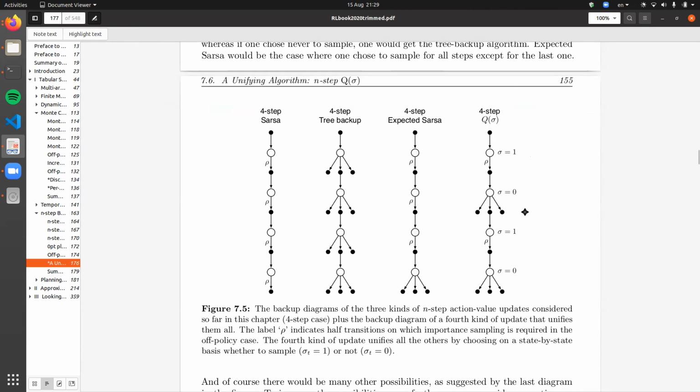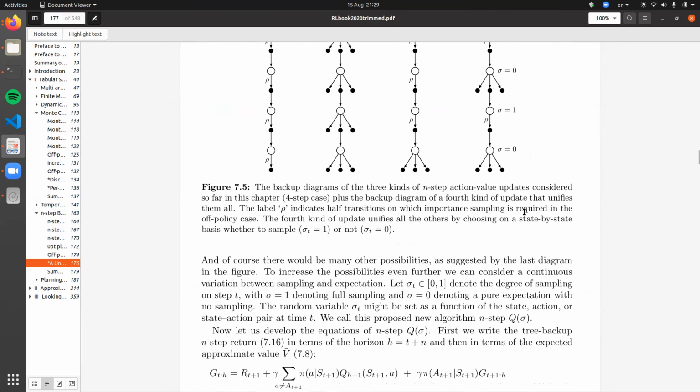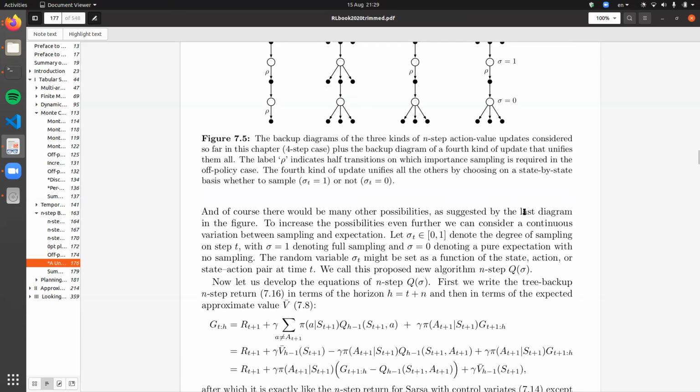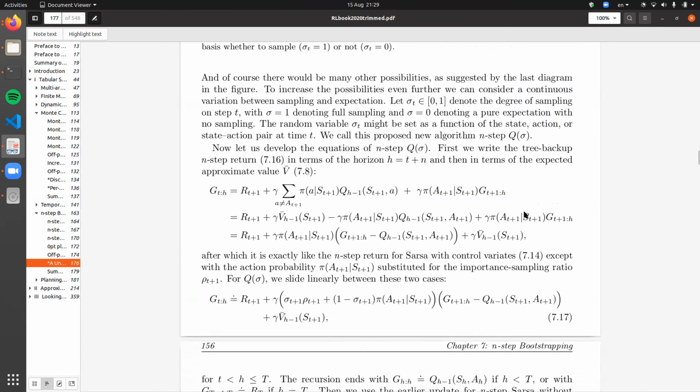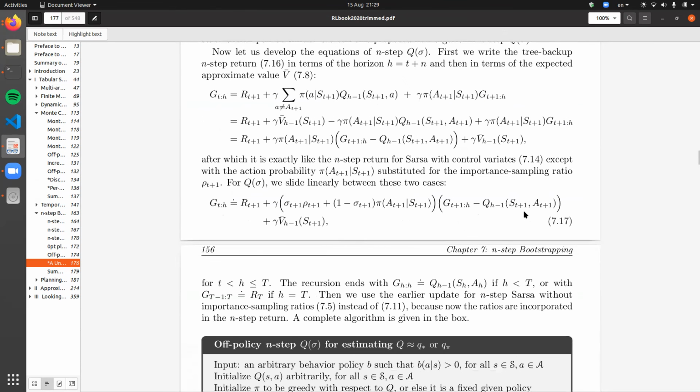So it can be very different. And here are the equations for that generalized form of everything we discussed before.